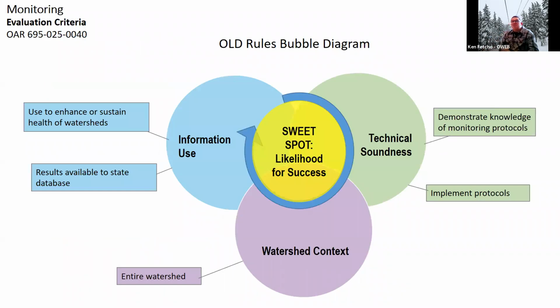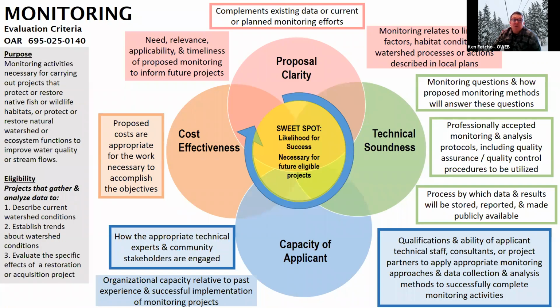This is a slide showing a visual representation of our old rules using what we call a bubble diagram. And this is the next slide showing what the new rules look like in the current monitoring bubble diagram.